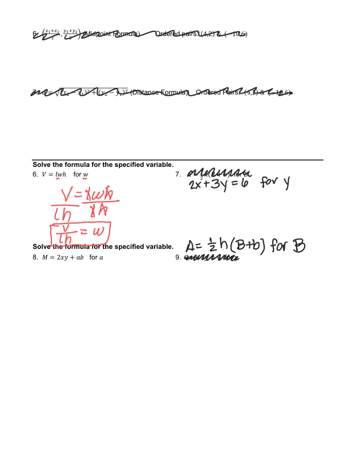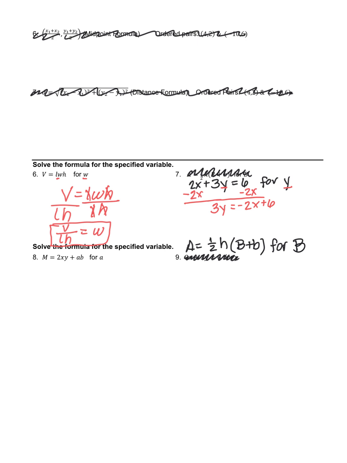Okay, let's go to number 7. 2x plus 3y equals 6. We can see we are solving for y, which means we are going to isolate the y. So let's move this 2x over. So we do minus 2x on both sides. So we have 2x minus 2x, then we have our 3y equals minus 2x plus 6.